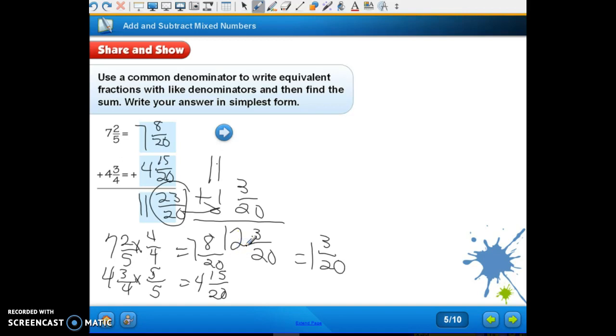So we would have 12 and 3/20ths. Will that simplify any more? No, it will not.